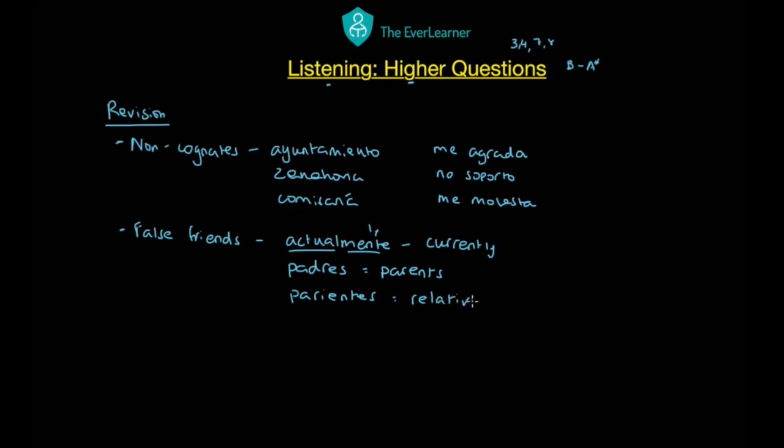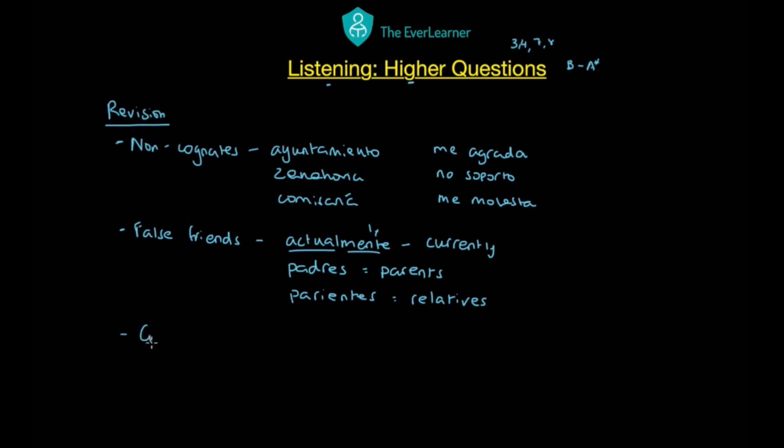So any word you come across that you think, I thought this word meant this in Spanish because it looks very much like English, make a note of that and pay special attention to those, because they might use them.